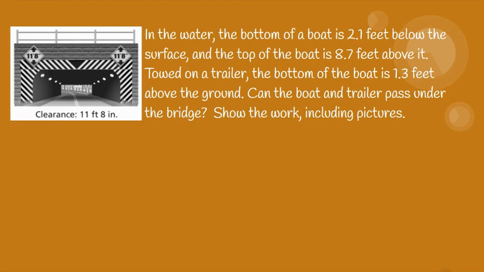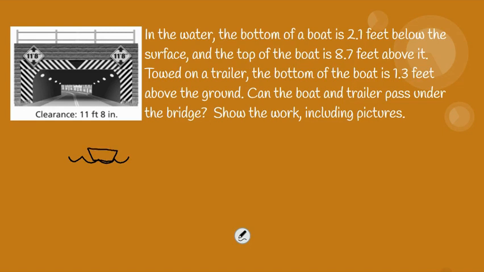Okay, so here's an application of how we use our positives and negatives. I'll give you guys a chance to read through it. We have a boat in the water. The bottom of the boat is 2.1 feet below the surface. So you want to draw yourself a picture. So here's the boat in the water.